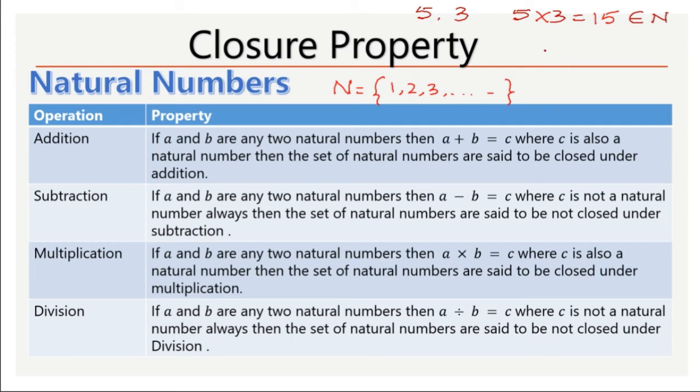Clearly, when 5 and 3 are present in the set of natural numbers, their product is also present in the set of natural numbers. If a and b are any two natural numbers, then a into b equal to c, where c is also a natural number, then the set of natural numbers is said to be closed under multiplication.